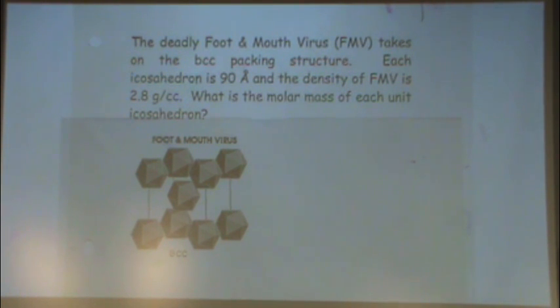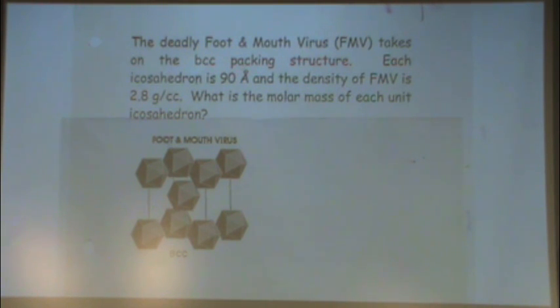I know the virus is small, but I want to know the molar mass. Compared to the molar mass of carbon, is it larger or smaller? Significantly larger. It's a biological entity, many atoms. So I'm expecting a pretty large number for my answer, for the molar mass, just so you can think through it a little bit.